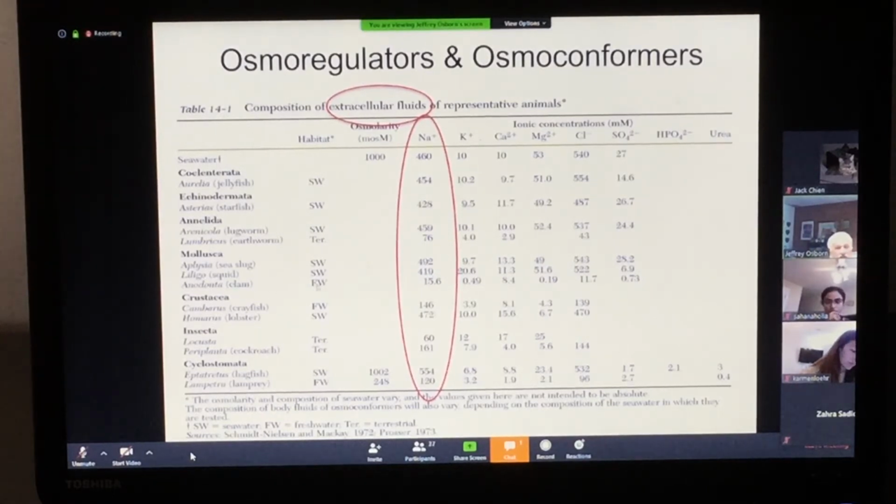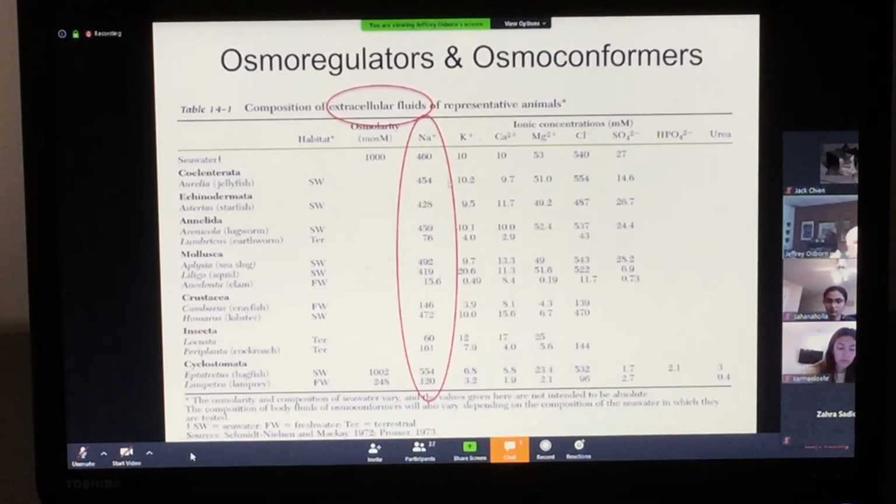In contrast, freshwater clams, they conform to an internal sodium chloride of only about 16 millimolar because they don't have any very high sodium concentration in their external environment. So this shows you how these organisms are able to vary and change their internal sodium chloride concentration depending upon the environment in which they live.